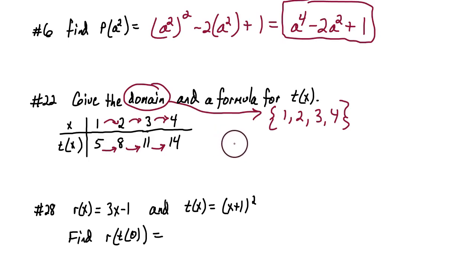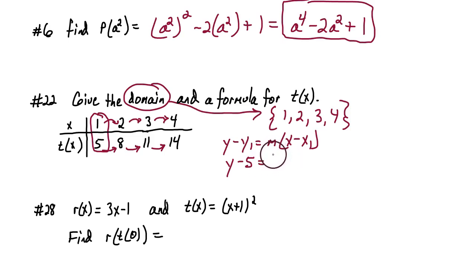To find an equation for a linear function, we know the point-slope formula. Y minus y1 equals m times x minus x1. And as our y1 and our x1, we can use this first ordered pair, 1, 5. So y minus 5 equals, now the rate of change.